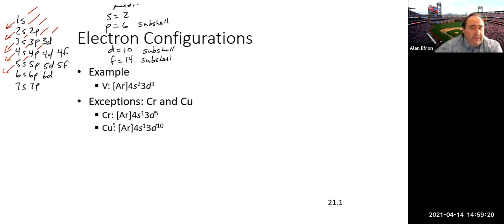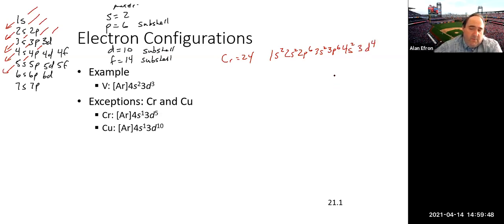Two very common exceptions to electron configuration, probably ones that you learned, were chromium and copper. Chromium has 24 electrons. And again, if you follow the zigzag, 1s2, 2s2, 2p6, 3s2, 3p6, you would do 4s2 and 3d4.